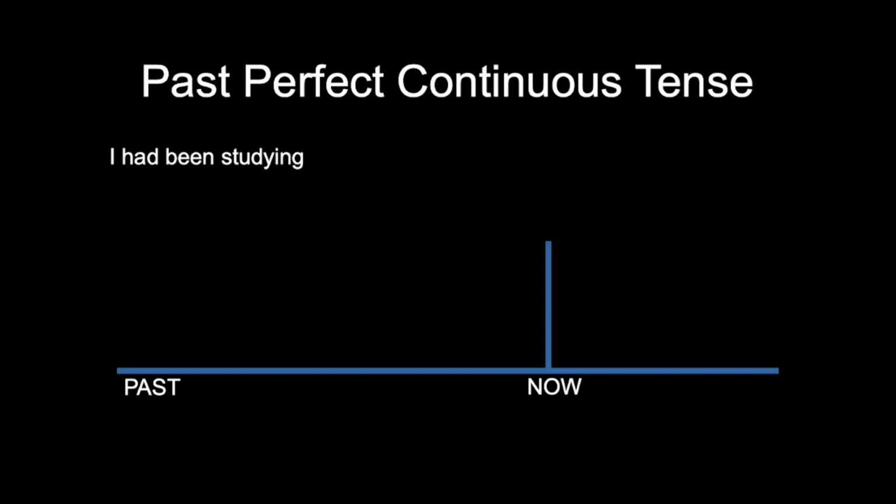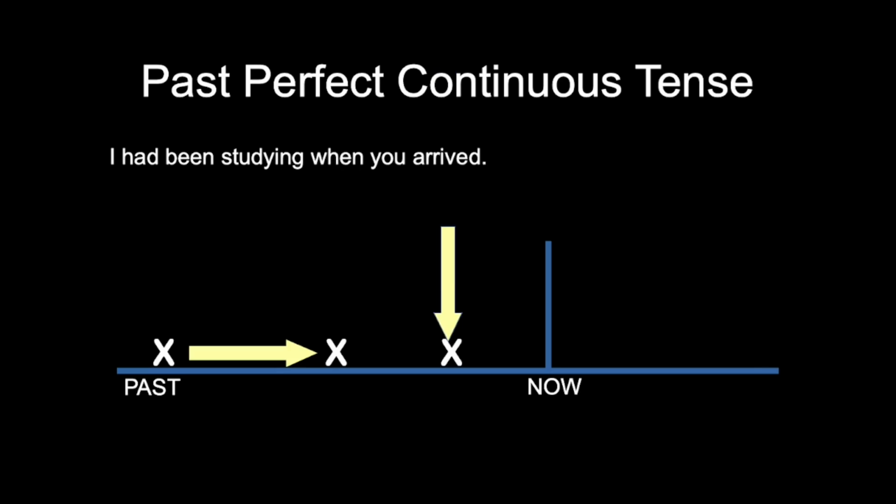I had been studying is in the past perfect continuous and can be used when an action began in the past, continued for some time, and ended before another action happened. I'd been studying when you arrived. We can also use the past perfect continuous to talk about the cause of a certain situation or the reason behind a situation.